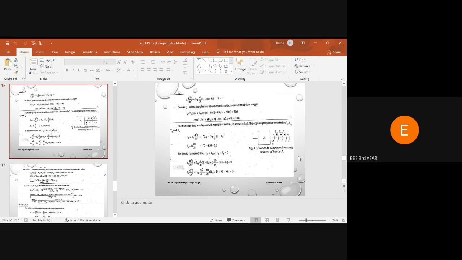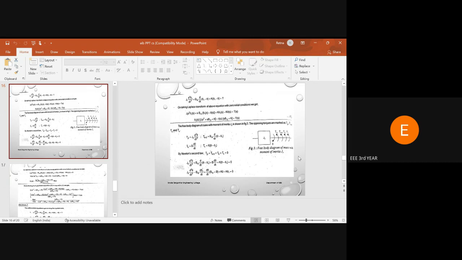Next, Laplace transform of d theta divided by dt equal to s into theta of s. Next, substitute this formula in the above equation. Finally we get J1 s square theta 1 of s plus s into B12 (theta 1 of s minus theta of s) plus K into theta 1 of s minus K into theta of s equal to T of s.